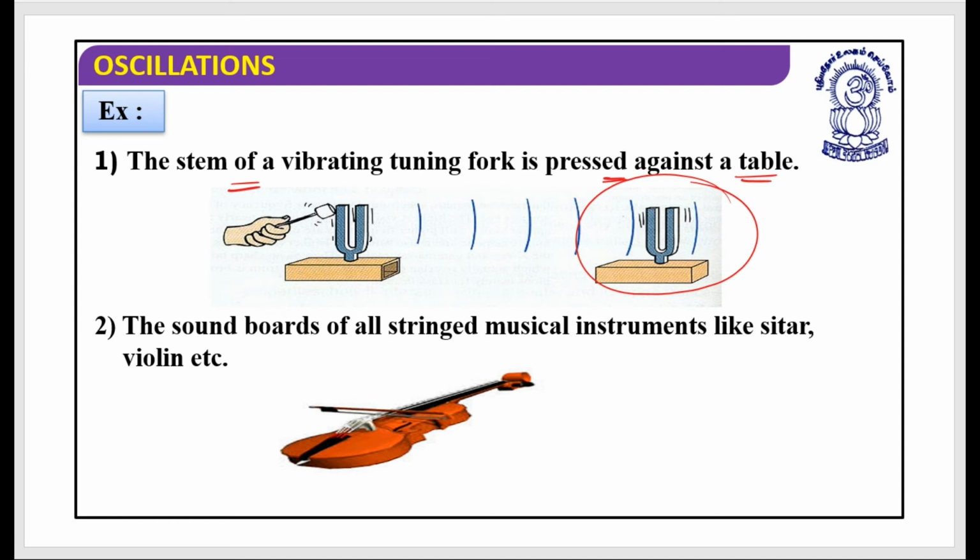It will start vibrating, and due to these vibrations it will oscillate, and this is what we call forced oscillations. The soundboards of all stringed musical instruments like sitar, violin, etc., also have forced oscillation.